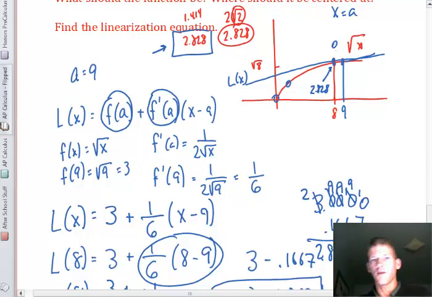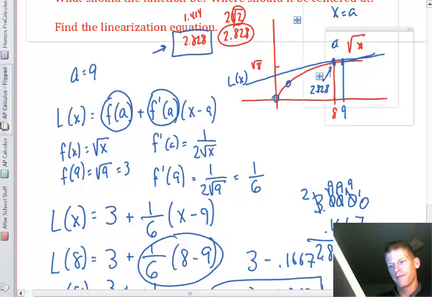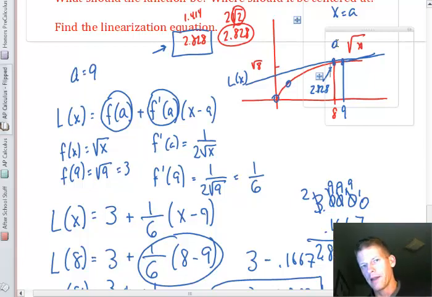Let's check it with Desmos, and then we will have a pretty good understanding of what we're supposed to do on these types of problems that we see in our textbook. Here we go. Let's go to Desmos.